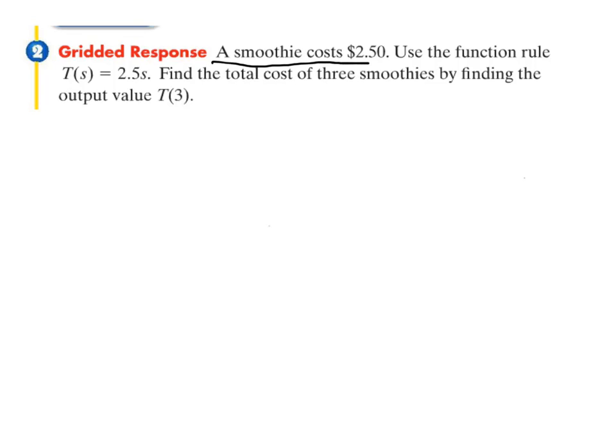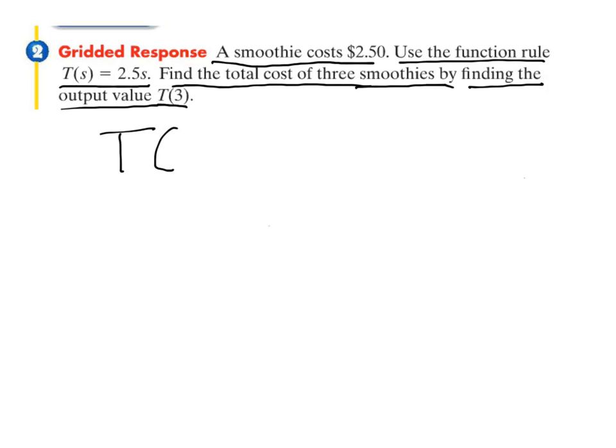A smoothie costs $2.5. Use the function rule T of S is equal to 2.5S. Find the total cost of 3 smoothies by finding the output value T of 3. So what is the rule? T of S is equal to 2.5 times S. Now how many smoothies are we looking for?